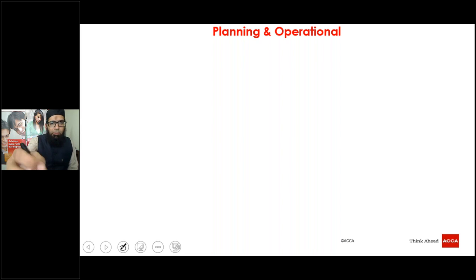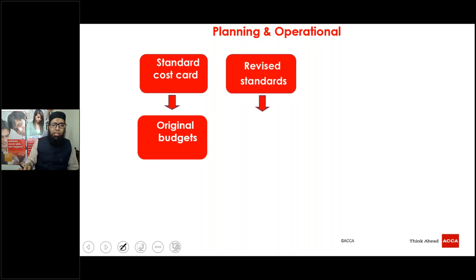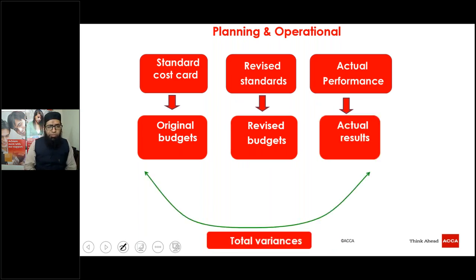Now let's discuss planning and operational variance. What happens is that we make a standard from the standard cost card, known as the original budget or original standard. Then we have a revised standard, and we also have an actual performance. Now, there is a difference between the standard and actual, and this is known as the variance that we generally calculate.